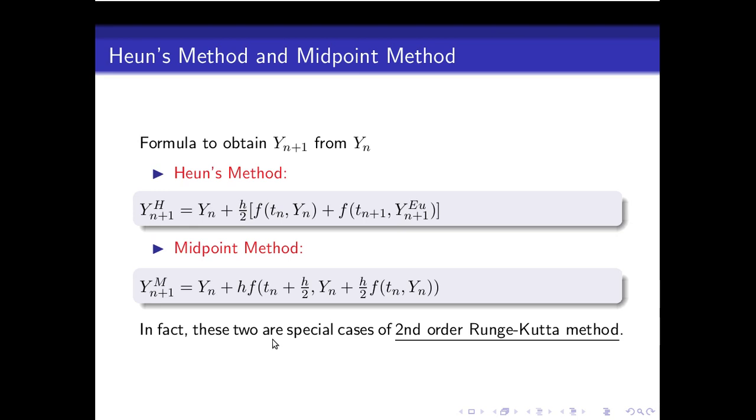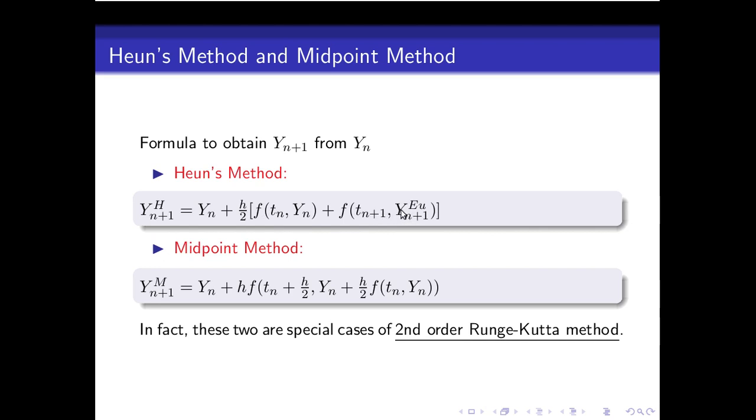So in this slide we are writing the general formulae for obtaining yn plus 1 when you know yn. We have seen this formula for Euler method. Now for Heun's method, this formula is yn plus 1. Heun's method is yn plus the average of two slopes. The first one is f(tn, yn) and the second one is f(tn plus 1, yn plus 1).